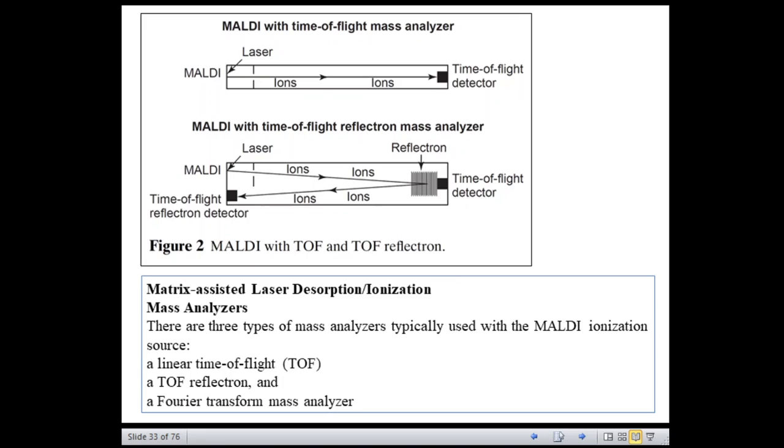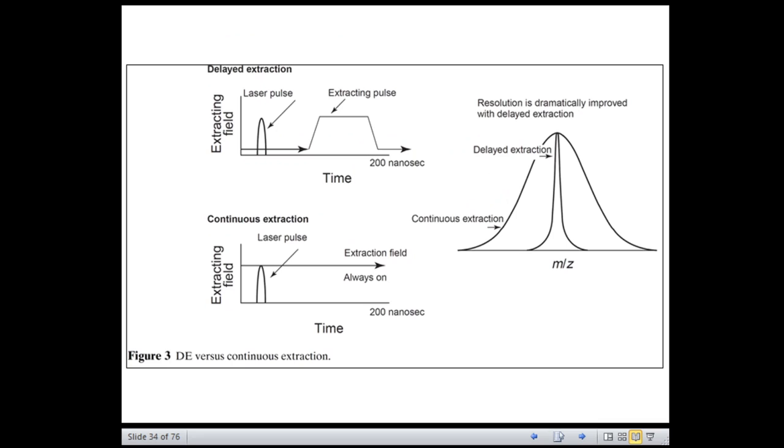And resolution, or resolving power, is very important when we study mass spectrometry. One innovation that has led to a dramatic effect on increasing the resolving power of the MALDI-TOF is the delayed extraction process.